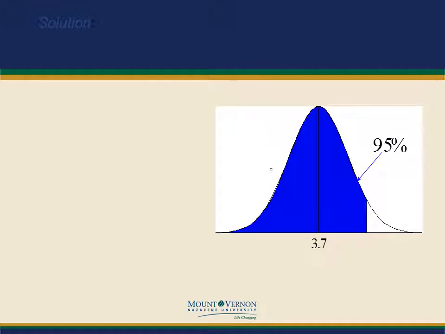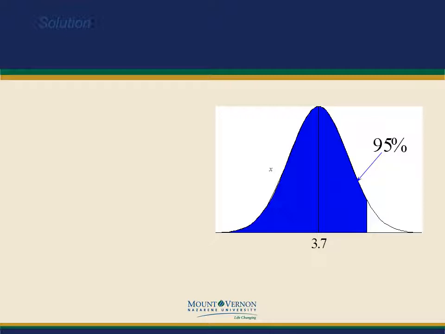Here's a picture of what the normal distribution looks like. I put 3.7 at the middle because that's the mean of the distribution. And I'm interested in the number for which 95% of all customers have to wait less than that number. And so notice that I've shaded to the left of the number I'm interested in.